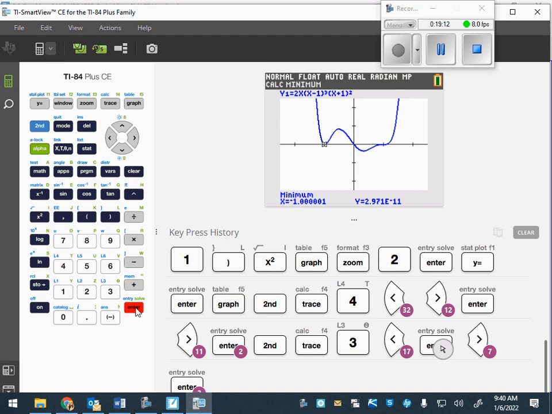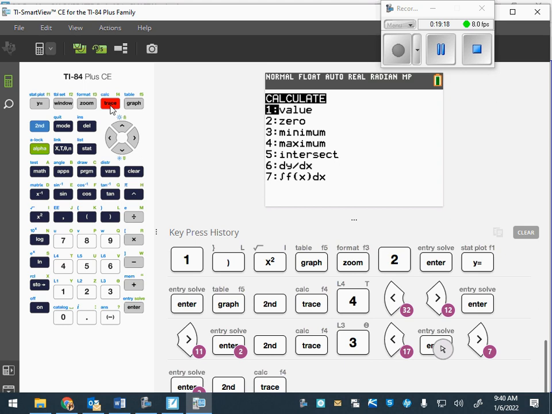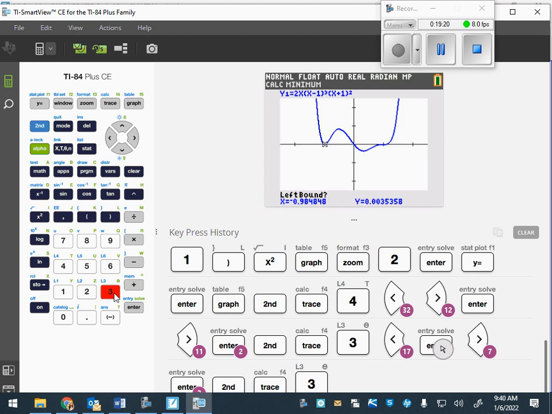The other one we have to check is this one here. Okay, so let's go through second trace, number 3, and this time I'll use the x-intercepts. 0, hopefully it works. And 1. Okay, and my other minimum, and you could do this with left bound, right bound as well.